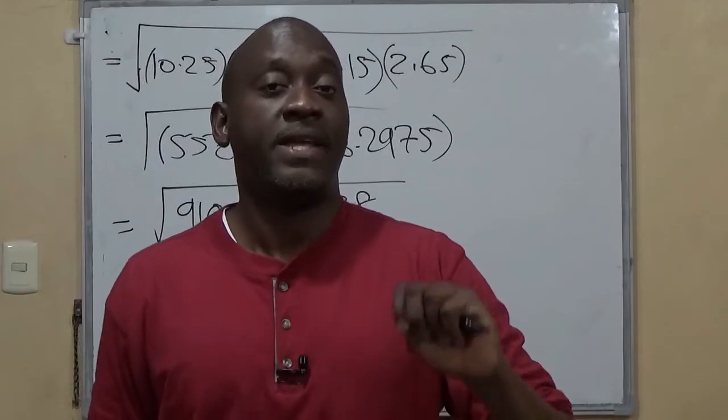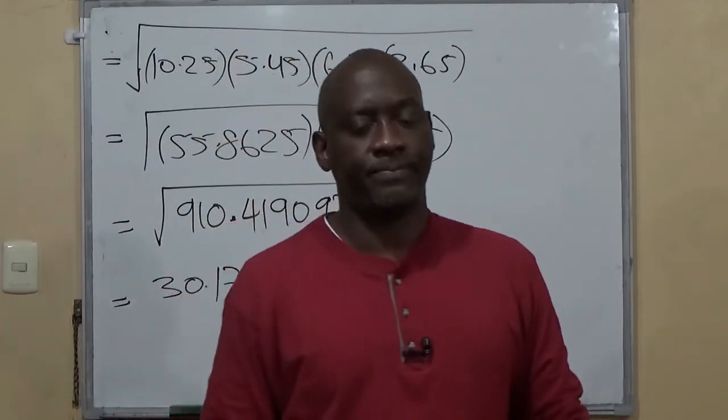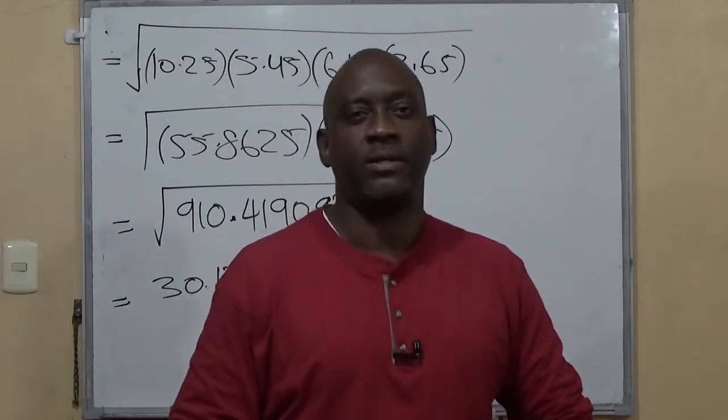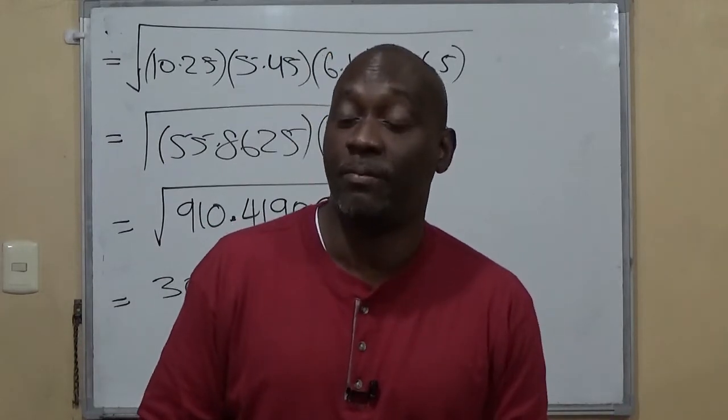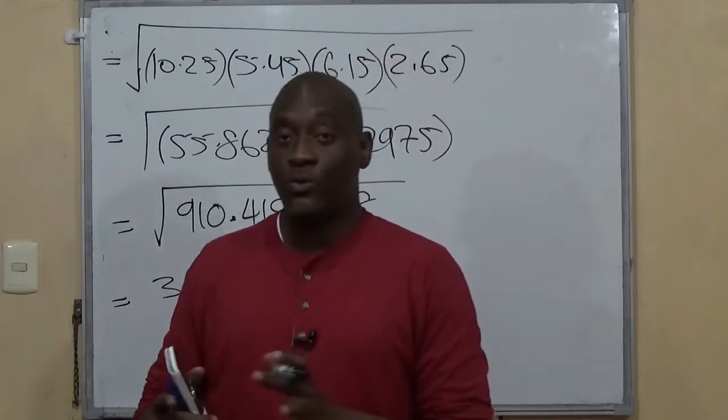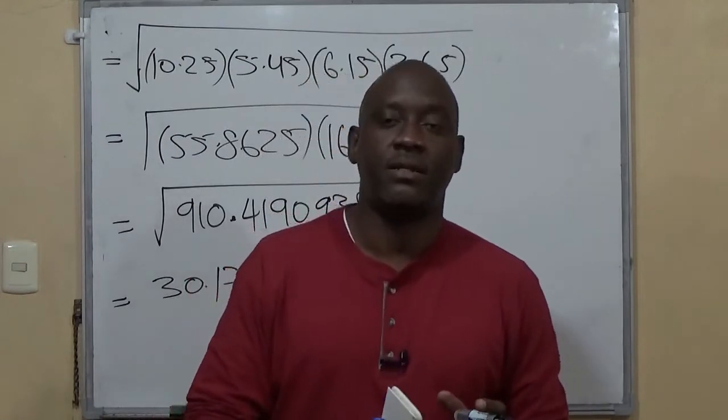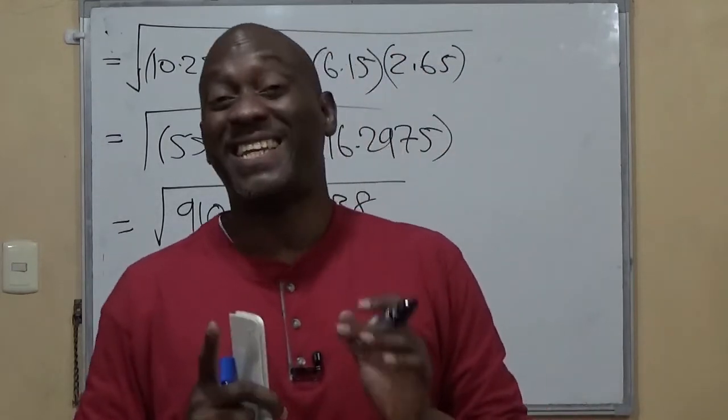So in other words, if they don't tell you 2 decimal places or 2 significant figures or round it off to the nearest whole number, then you are to express your answer to 3 significant figures.